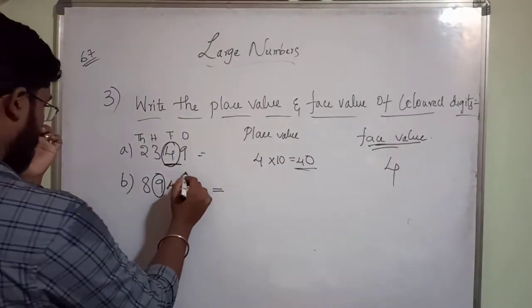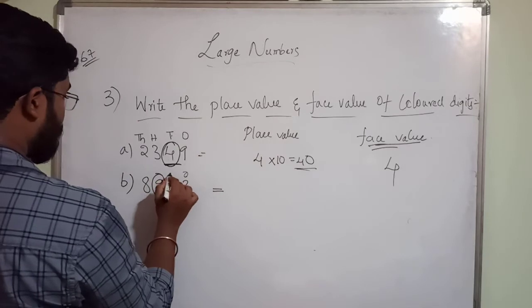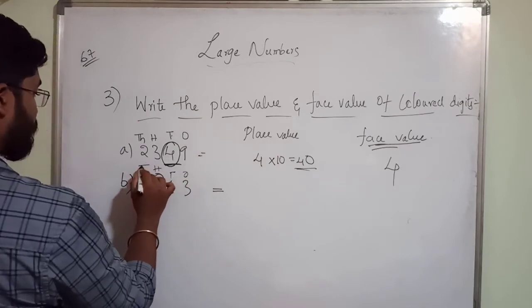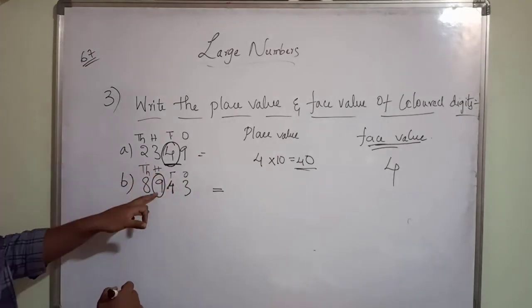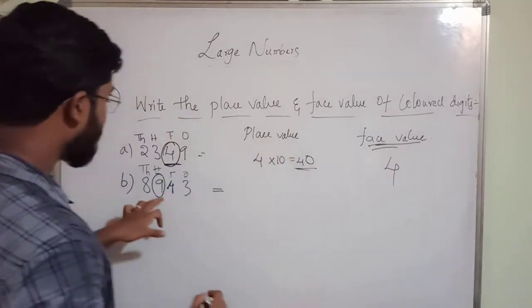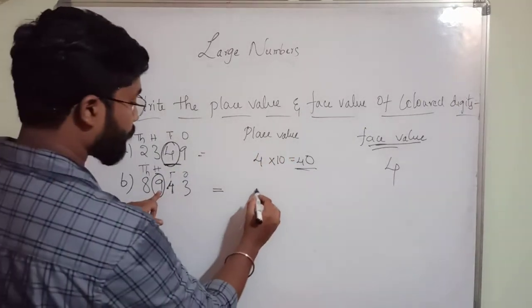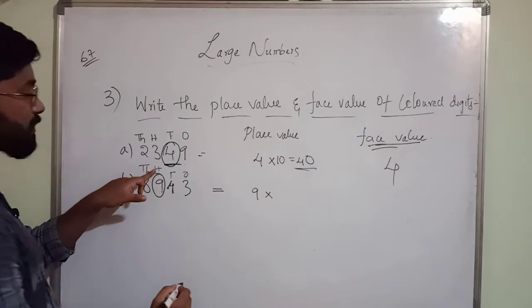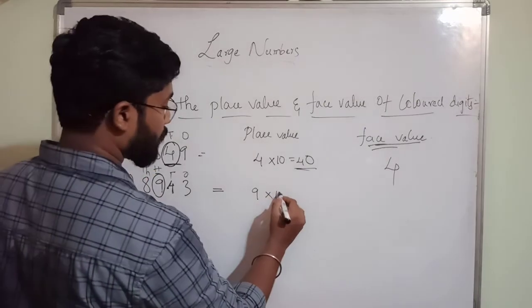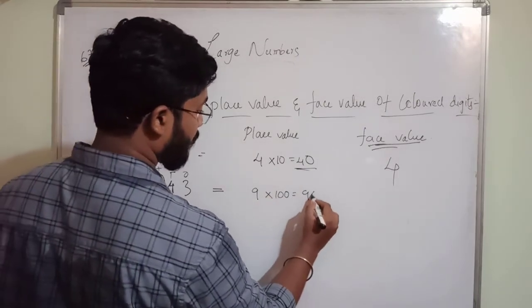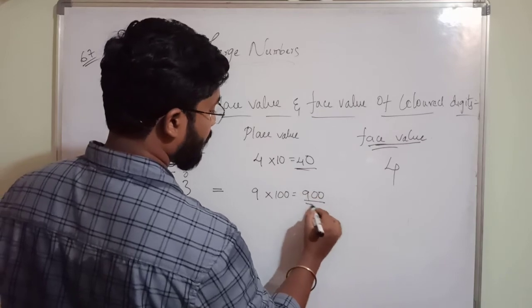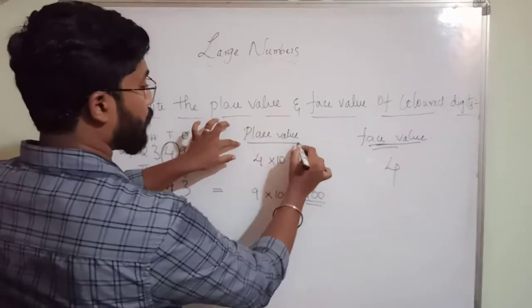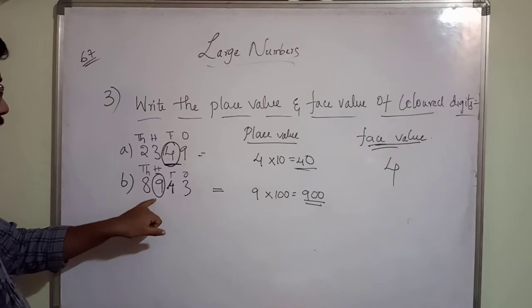Once again, this is ones place, tens place, hundreds place, thousands place. What is the place value? What I said, the number into in which place it is there? In hundreds place, 100. What you will get? 900. 900 is the place value of 9 in the number 8943.